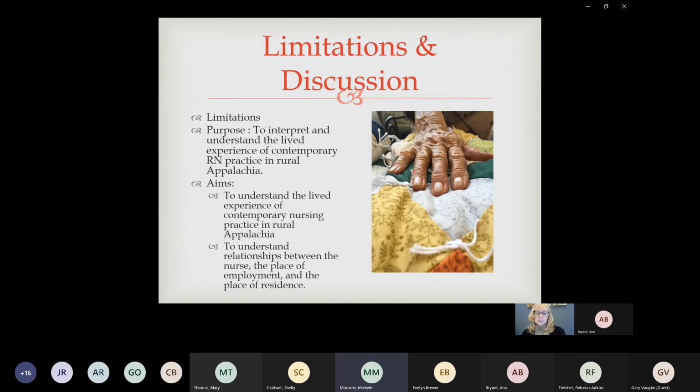So in summary, the contemporary nursing practice in rural Appalachia is first of all nursing and everything that entails. Rural Appalachia is the context that makes this practice different. Just as Appalachia has similarities and differences with other rural and urban areas in the nation, nurses share similarities and differences. Understanding this diversity makes a stronger practice.